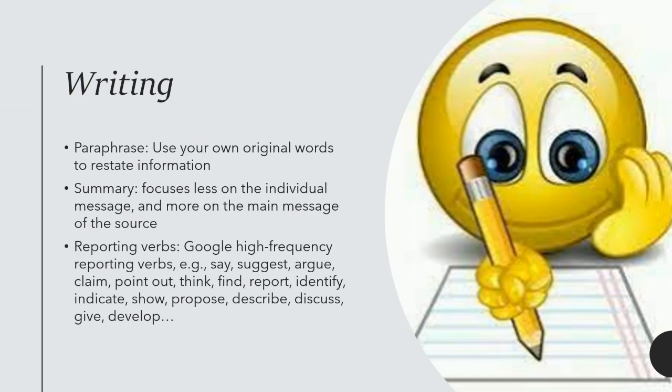So when writing, very, very important is to paraphrase. And to paraphrase means that you use your own original words to restate information without losing the meaning of the original text. So please refrain from reams and reams of direct quotes in inverted commas.